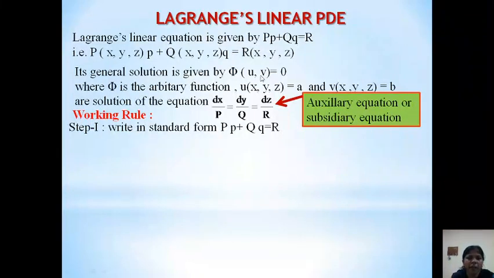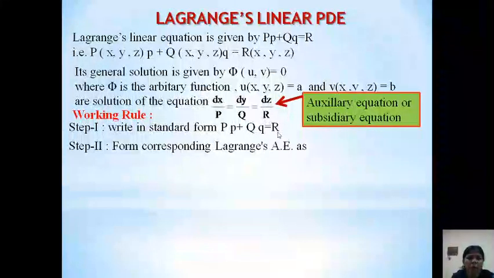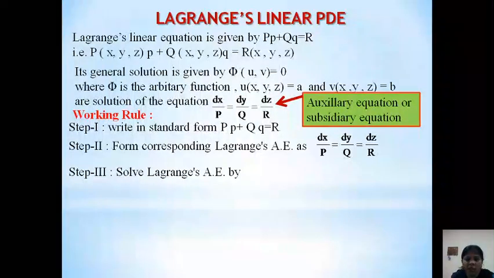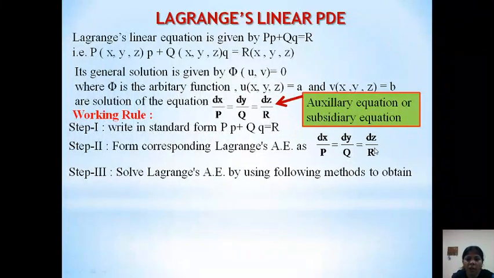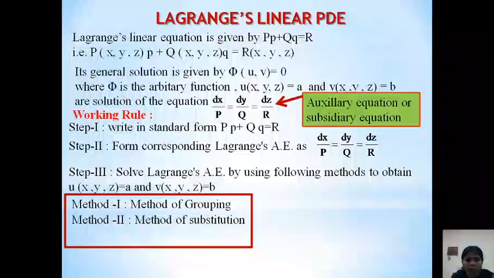First of all, write the given differential equation in the standard form, that is Pp plus Qq equal to R. Then form the corresponding Lagrange's auxiliary equation as dx by P equal to dy by Q equal to dz by R. Then solve this Lagrange's auxiliary equation by one of the following methods. The methods are method of grouping, method of substitution, and method of multipliers.